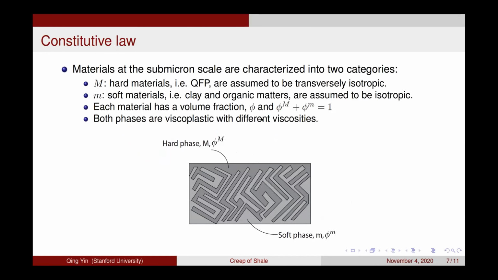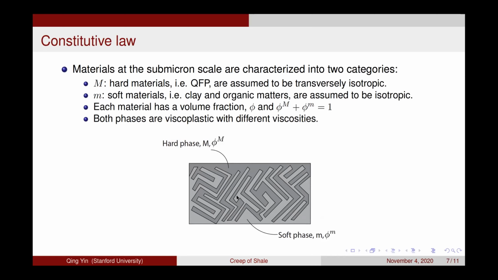Here, these volume fractions sum to 1, and both phases are viscoelastic. But since the soft phase contributes most to the creep behavior, the soft phase has a much lower viscosity, and the hard phase has a larger viscosity. So now we have the constitutive law.